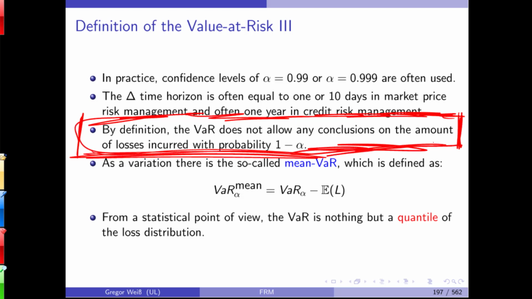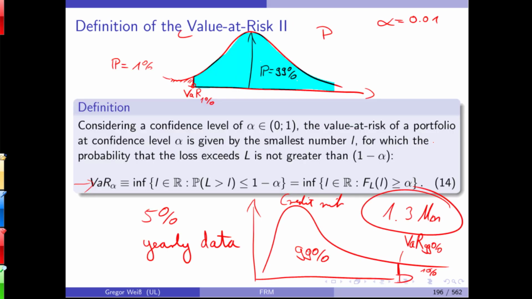They thought, what do you do with a value at risk? Quite simple. Banking regulation came and said, well, you have a portfolio. Your value at risk is 1.3 million. That is your exposure. Your exposure at risk is 1.3 million euros.